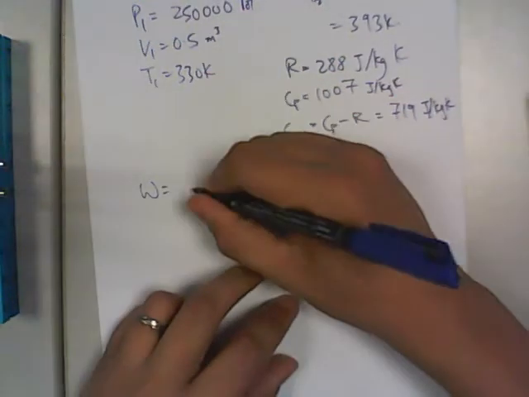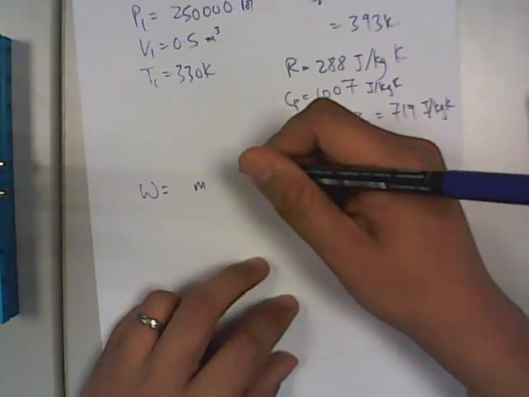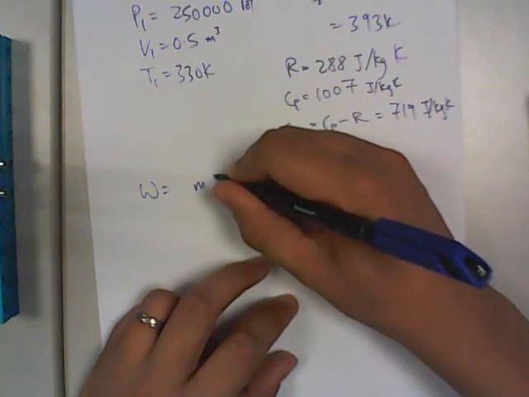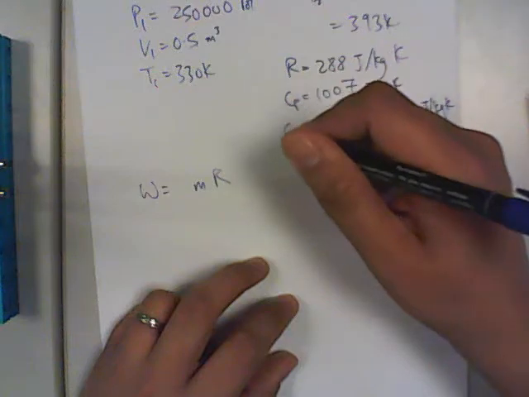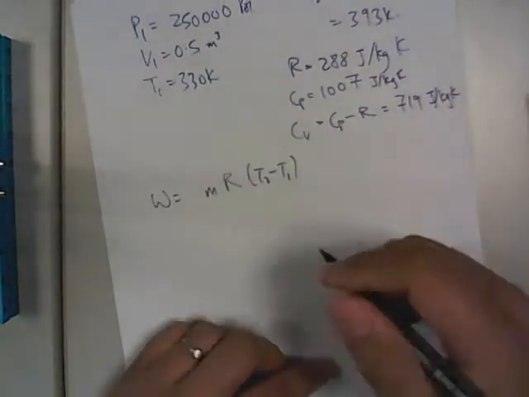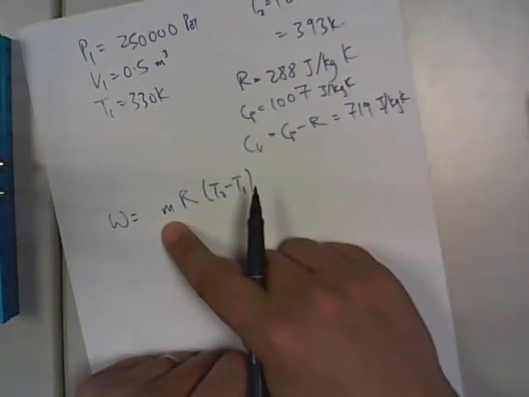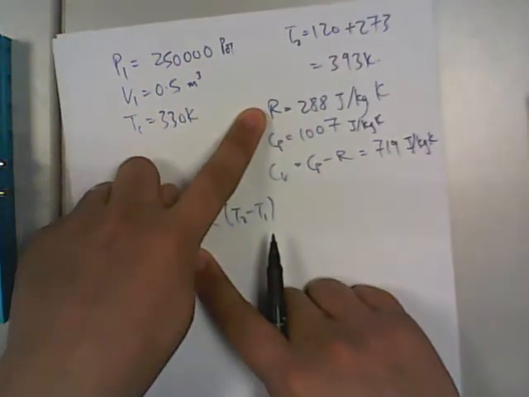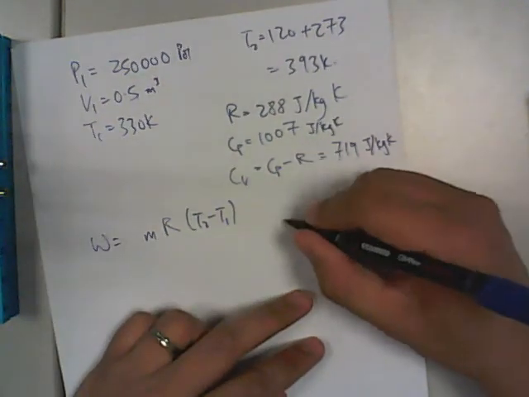Okay, so my W is M R (T2 minus T1). Alright, but first we need to find M. We have P, V, T, and R. We can find M first.